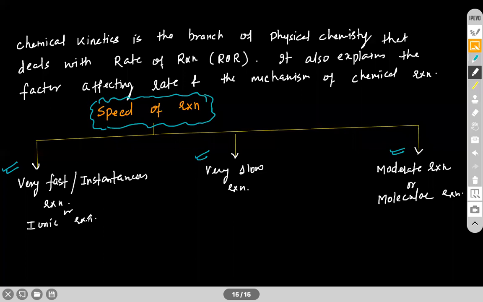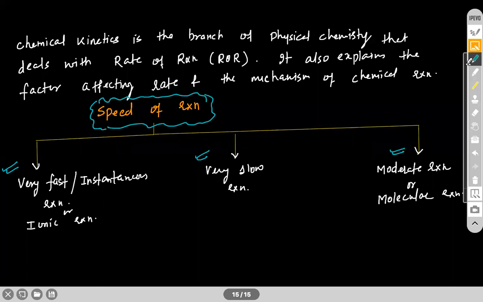So as the name suggests, very fast reactions are those reactions which occur with a very high speed or high rate. You cannot even imagine, and the reaction gets over. Usually it will take around 10 to the power minus 14 to 10 to the power minus 16 seconds.